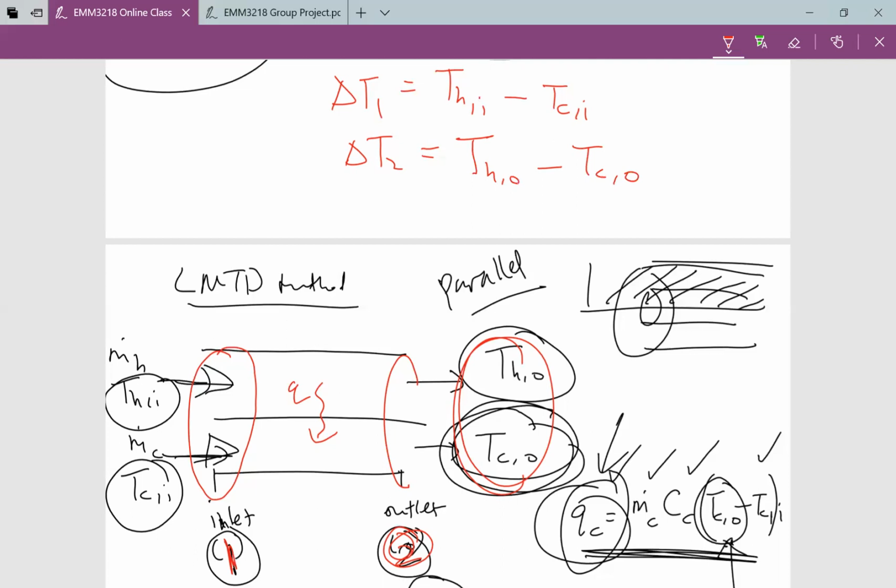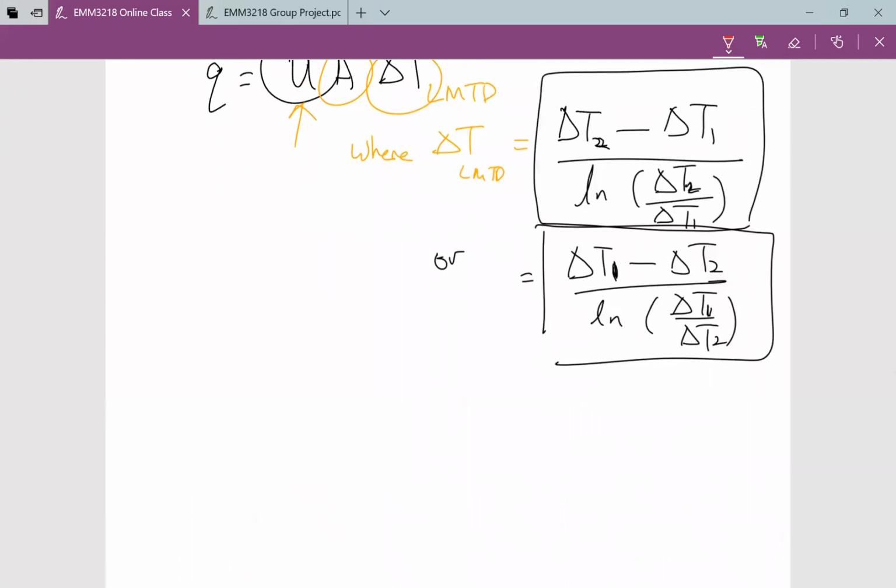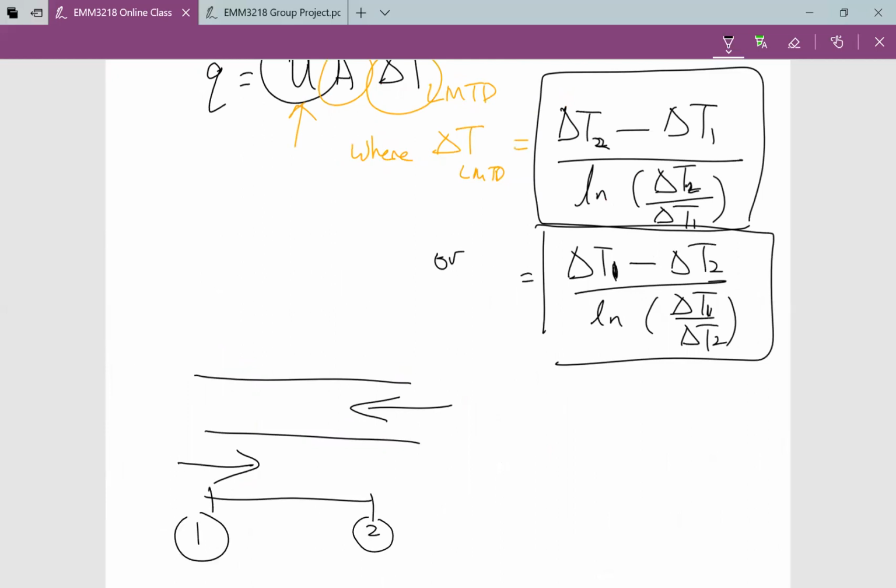Okay, that's for parallel. Now let's look at what happens if you have a counterflow. Counterflow is the opposite direction: you have one fluid going in one direction and the other going in the other direction. So 1 is inlet, 2 is outlet. Let me be consistent with my notes to avoid mistakes.